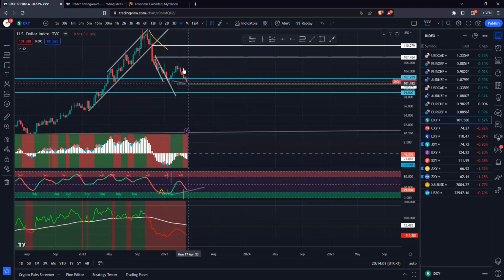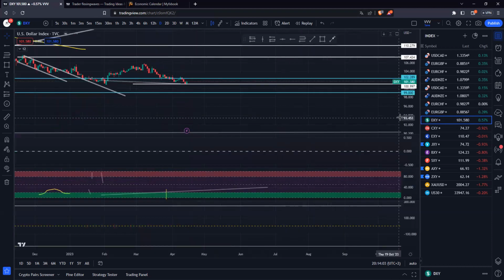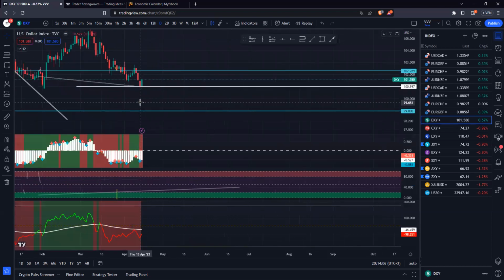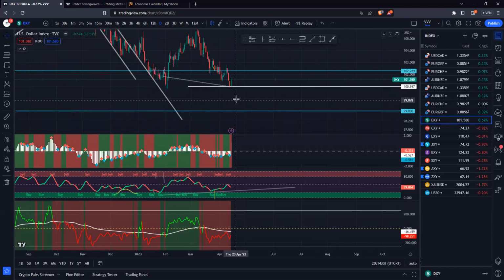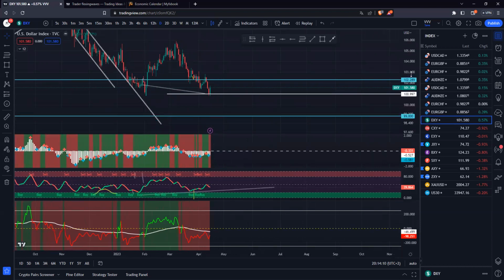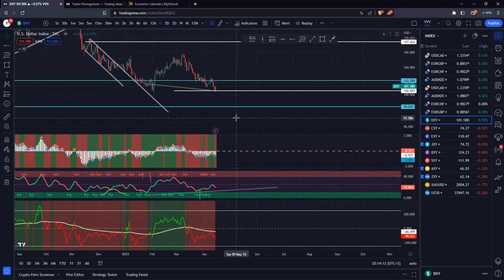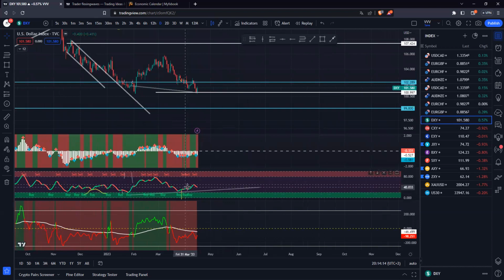See the divergence, and I already posted this on the channel. This is how it looked like. All right, and here is a divergence as well on the daily basis. This is pretty awesome.